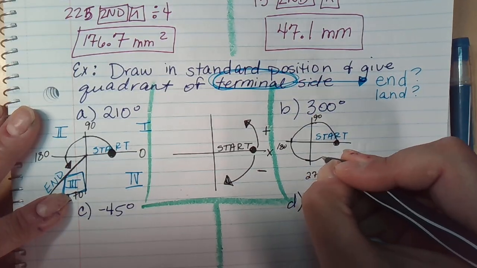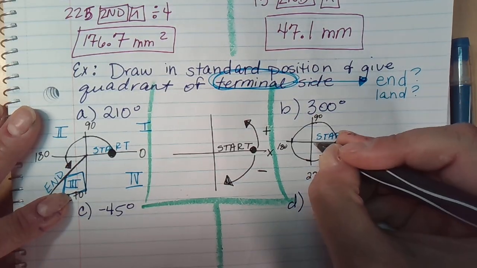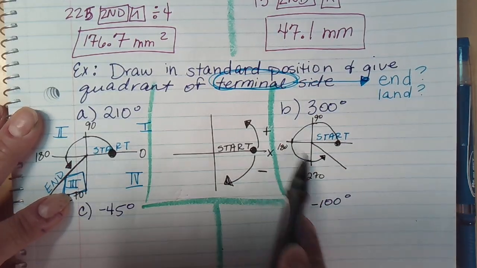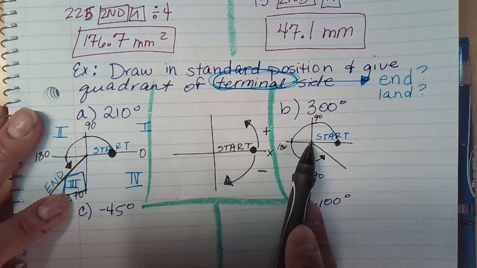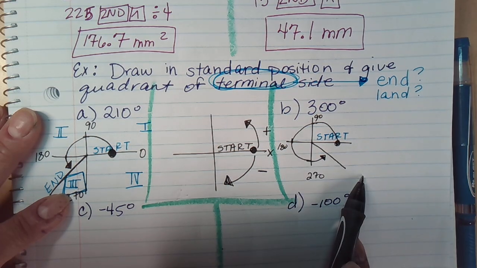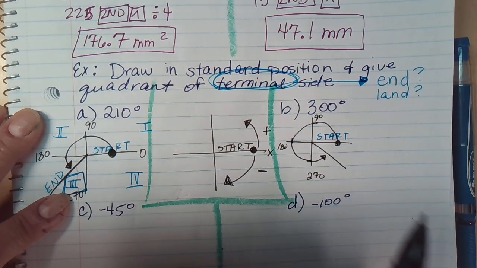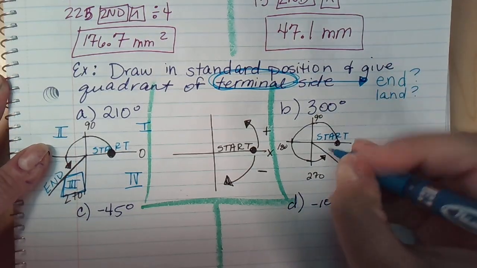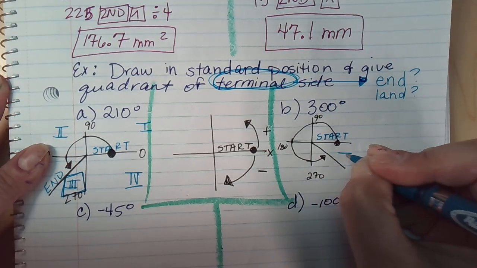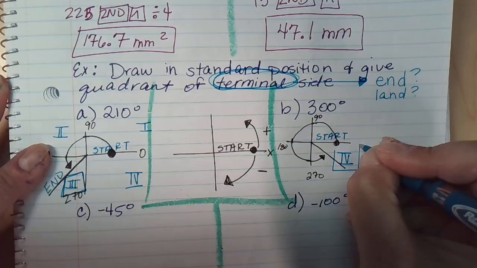So let's go a smidge more and draw that crooked terminal side from the center, or the origin, out into the space. Okay, and then it says, what quadrant did we land in? Well, this is quadrant 4.